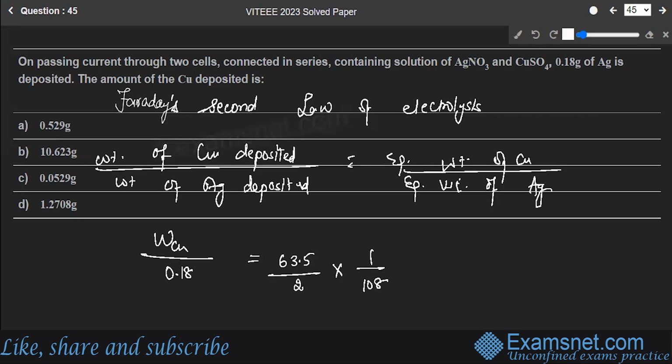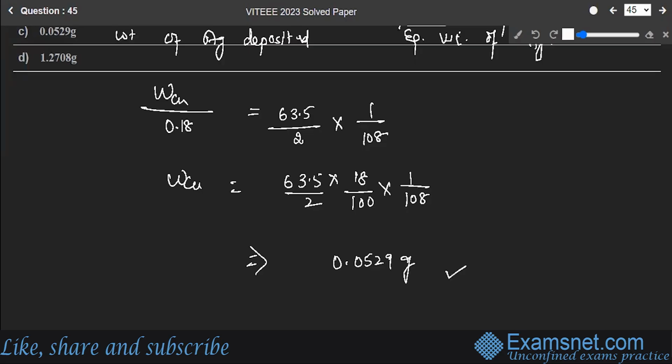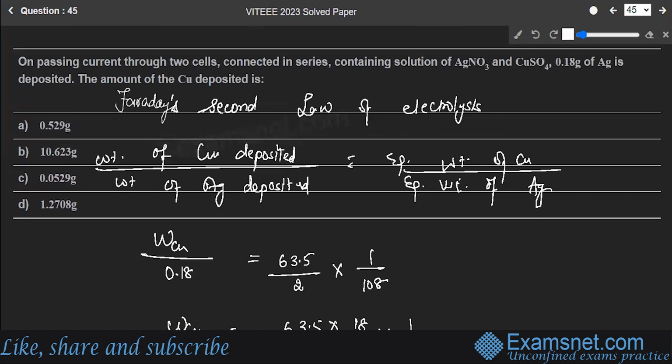So this gives you copper is equal to 63.5 into 18 upon 100 into 1 upon 2. On solving this, you will get 0.0529 gram. So this is option C. This is the right answer to the question. Hope you understood this. Let's move to the next question.